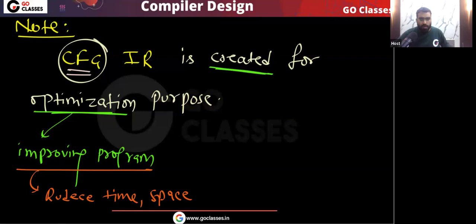Now, when we do optimization, we shift instructions. Very simple point. During optimization, many times we move instructions from one place to another.